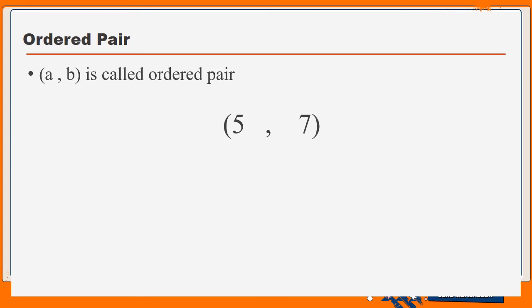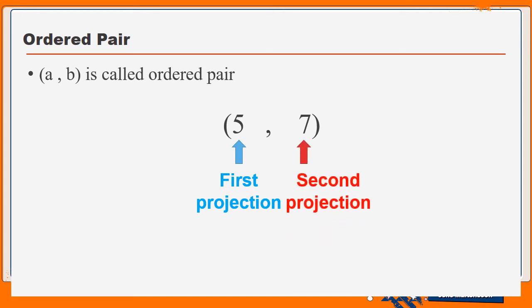For the example (5, 7), 5 means that this is the first projection of this point and 7 is the second projection of another point.